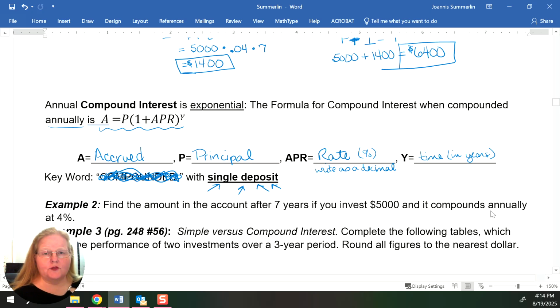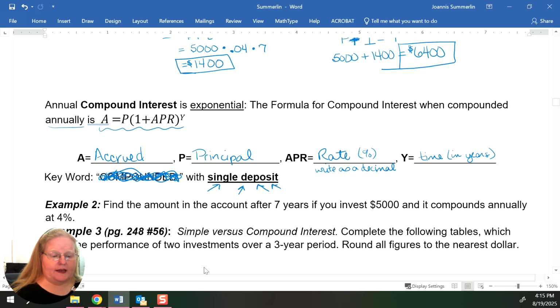You have to make sure that it is a single deposit. This one, you are depositing money because it's an investment, and you only invest one time. So that is a single deposit. You don't put this $5,000 in more than one time.